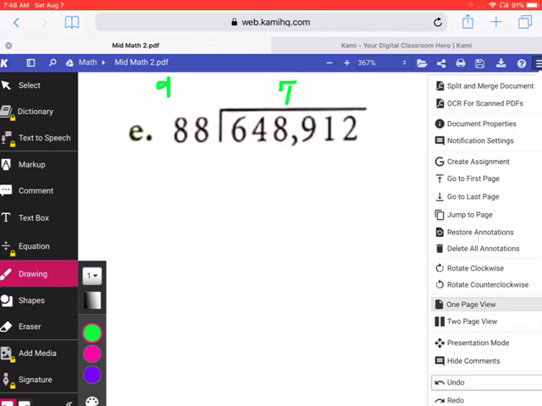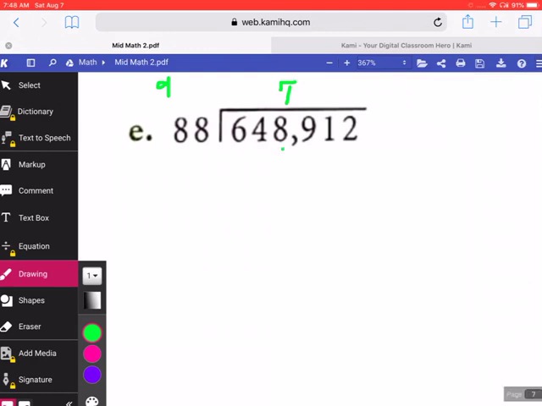Okay, so 7 times 8 is 56. And again, 56 plus 5 is 61. Alright, and if we subtract this, we're going to end up with 32.